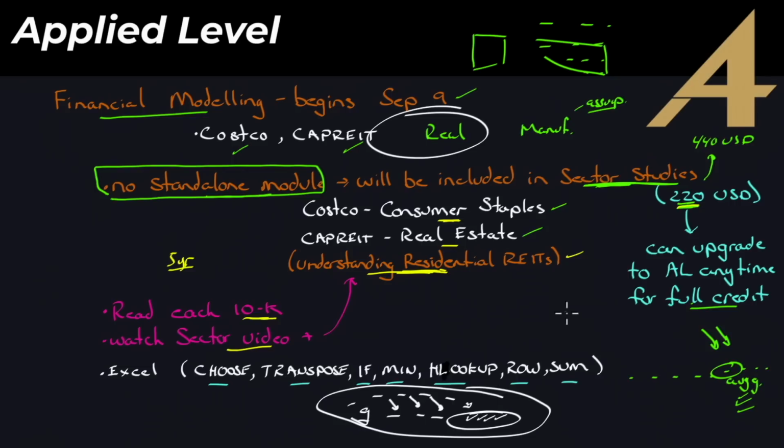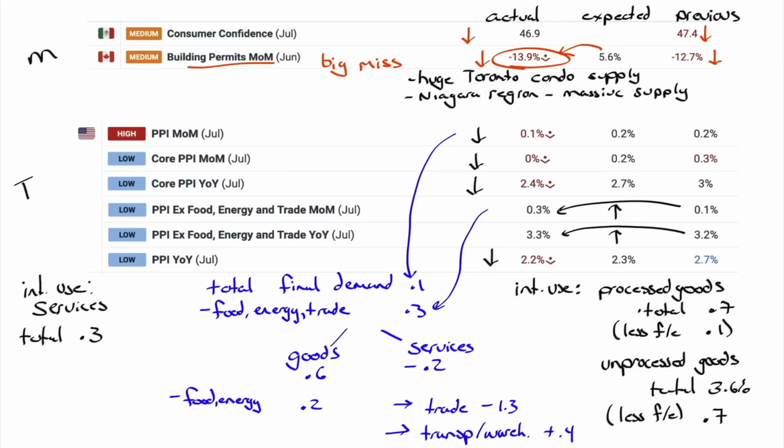Okay, let's head in. We'll start with the economic data from last week, Monday. Mexico and Canada. Mexico had consumer confidence 46.9, down from 47.4, and that was a revised downward number. So that's not good. Building permits for Canada, this is month over month. I need to stress that because these are big numbers.